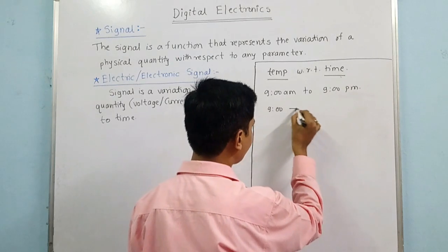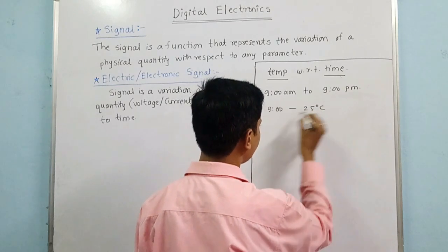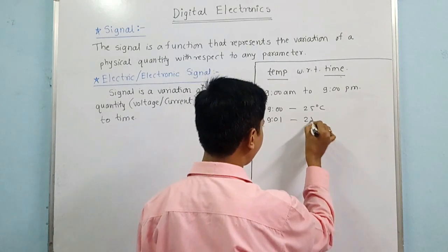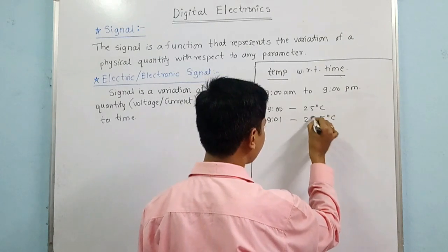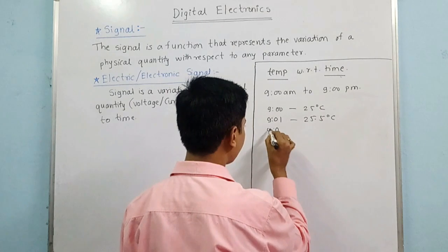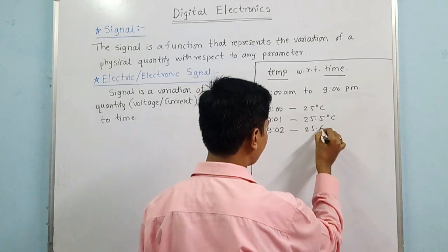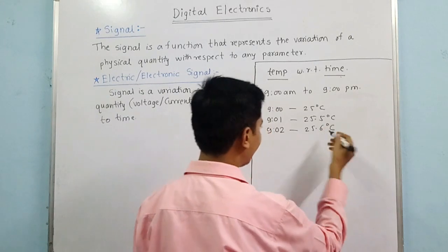So at 9 a.m. suppose 25 degrees Celsius, then 9 hours and 1 minute say 25.5 degrees Celsius, 9 hours and 02 minutes say 25.06 degrees Celsius, and so on.